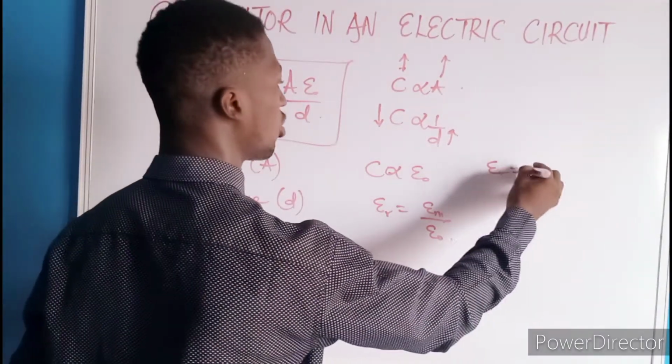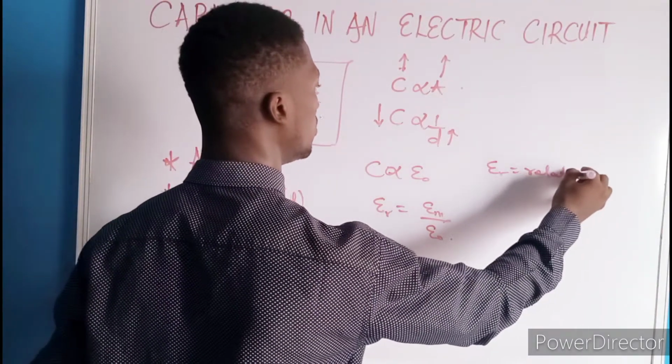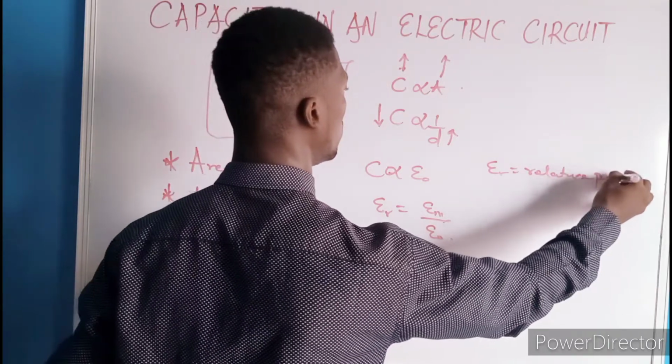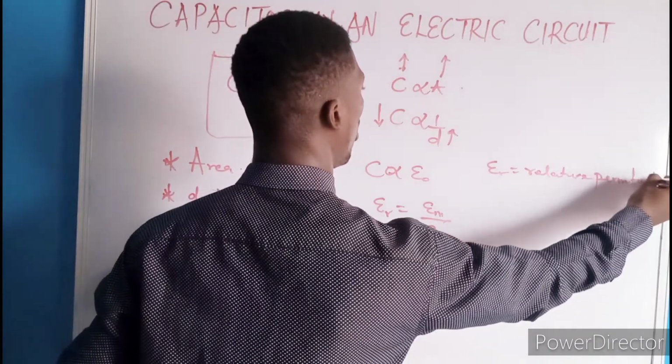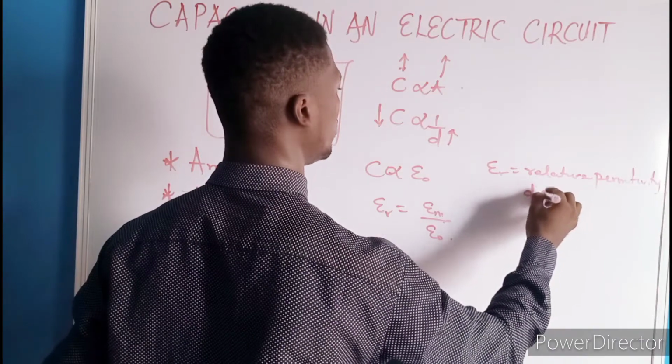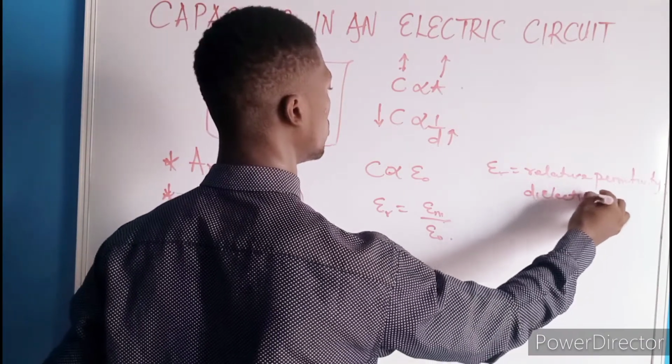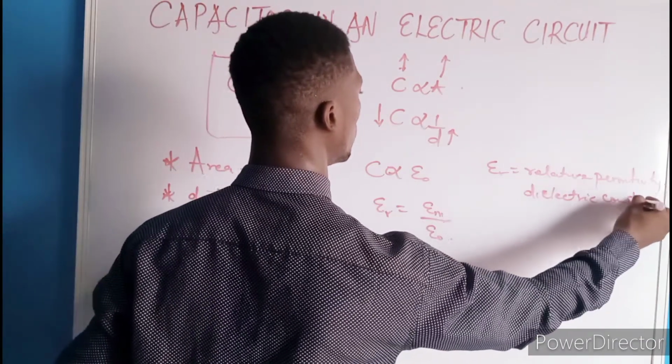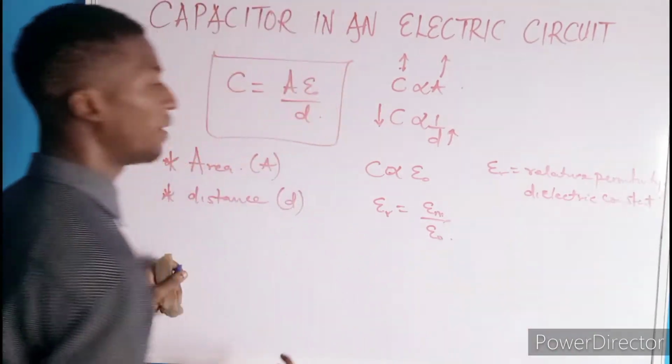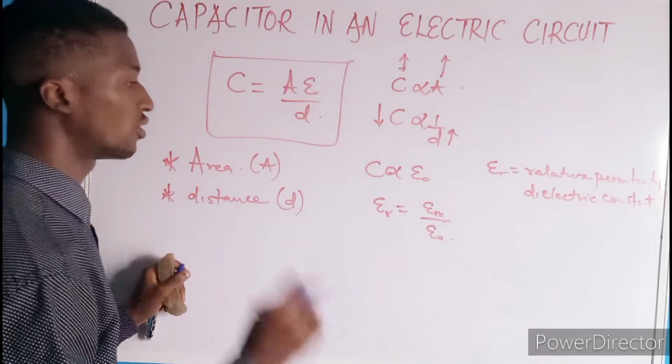This ER is called the relative permittivity, or you call it the dielectric constant.